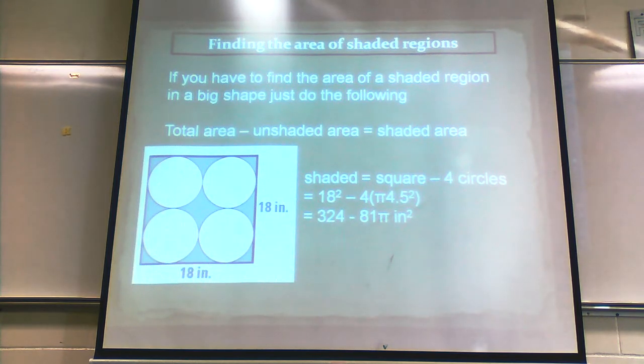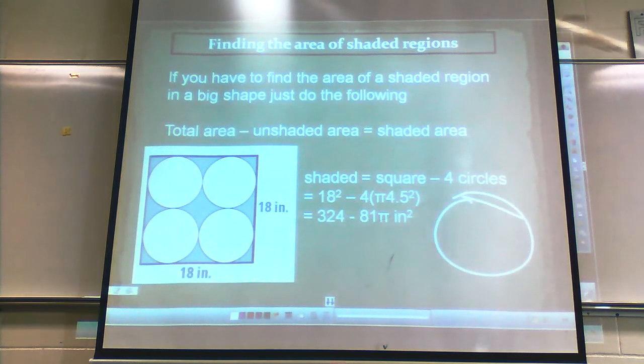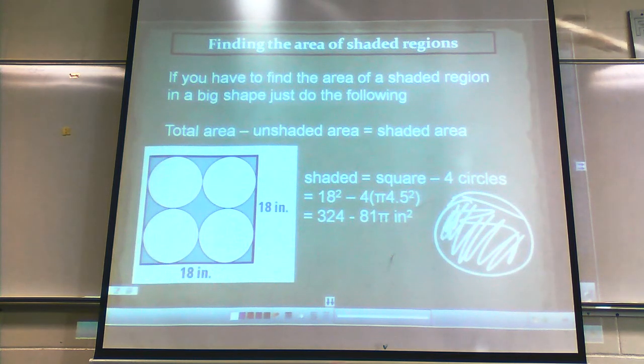A common one that I can think of would be if you have a circle, and I have this entire thing shaded, except for this little sliver gone. If I had a circle and everything was shaded with the exception of a little part here, I don't know how to find the area of that little part, so I can't do the thing that's up here.